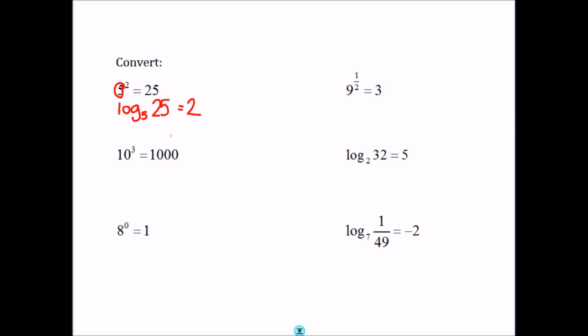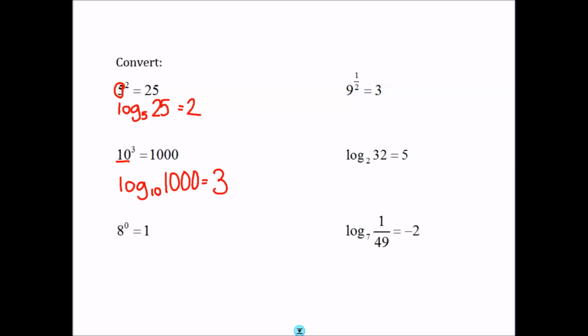Let's try another example. 10 cubed equals 1,000. Our base for this exponential is 10. That will also be our base for our logarithm. We know that this has to equal the exponent, which is 3.